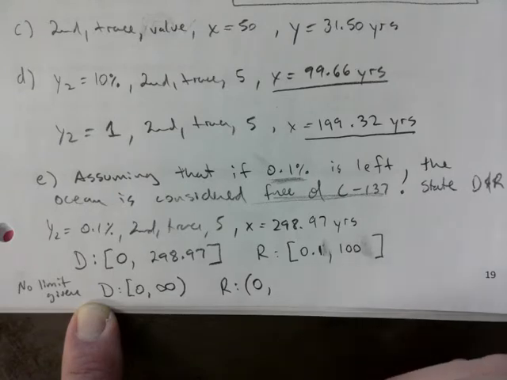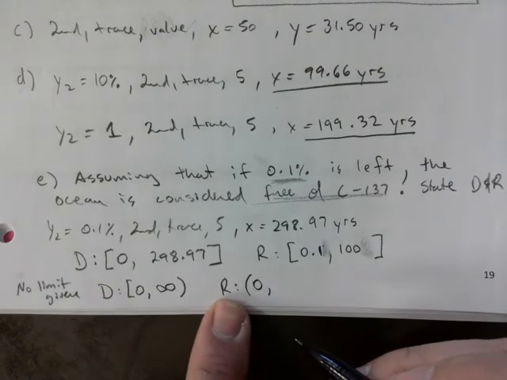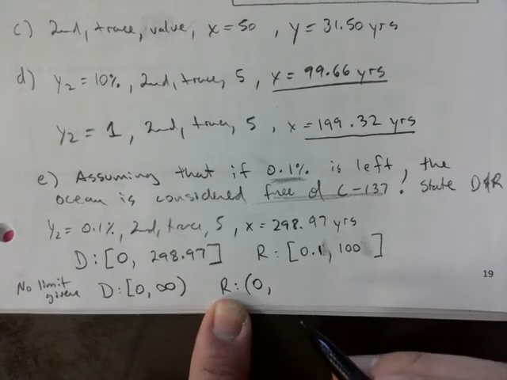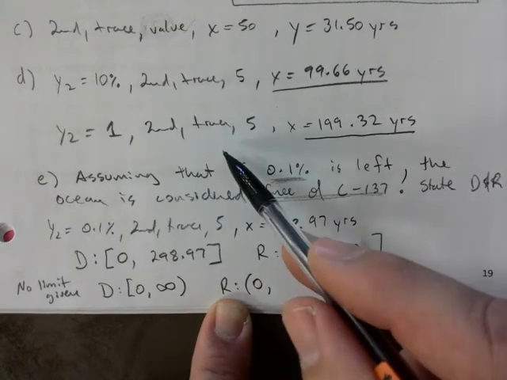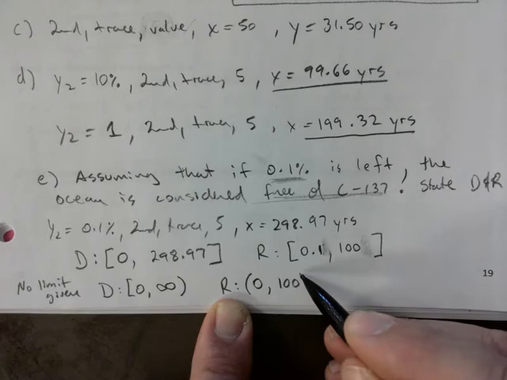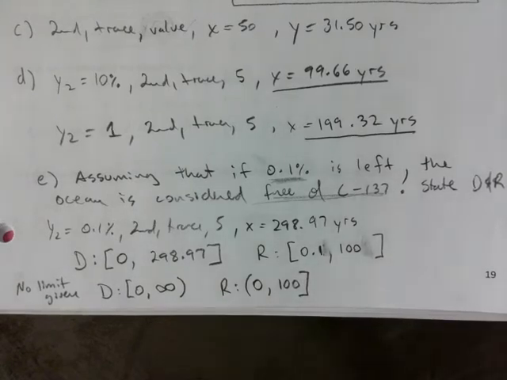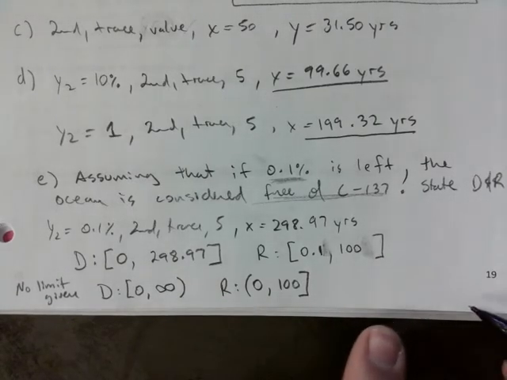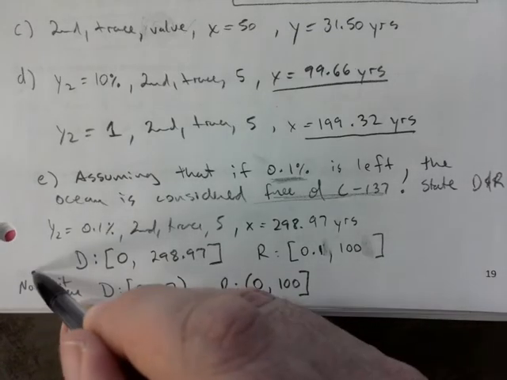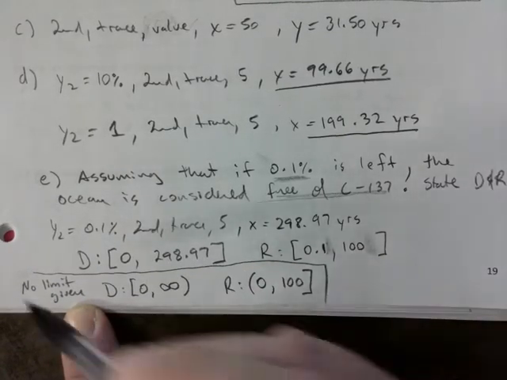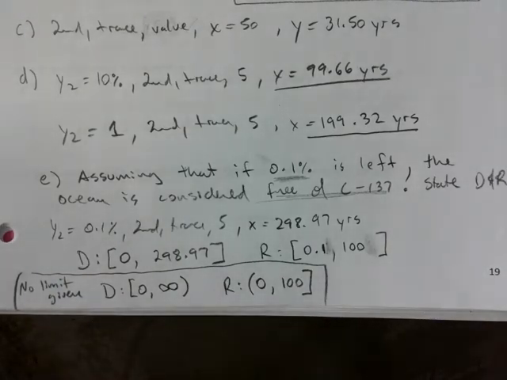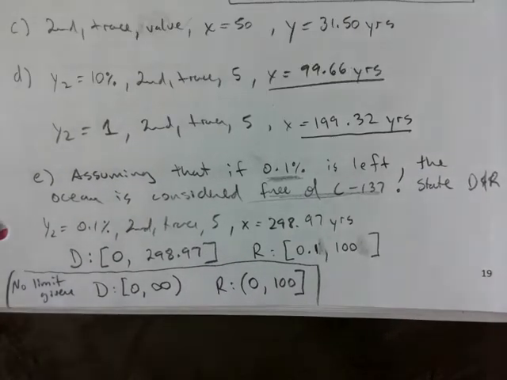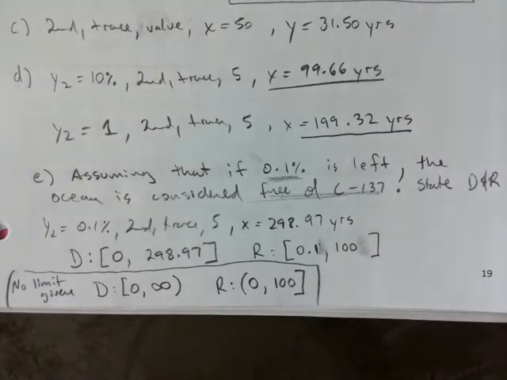It's not very popular, but it does happen. All the way to, what's the highest range we get to? That's your y-intercept, way up there, it's 100. That is included. So this is if no limit is given. So I will actually box this in, just as an aside. And now you know why I leave so much room, because I want to get creative sometimes and just add stuff, right?